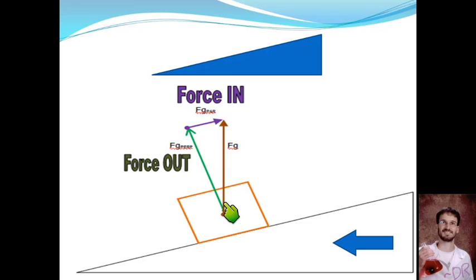Our force out is no longer the full weight of the object. Our force out is actually going perpendicular to the surface of the ramp.